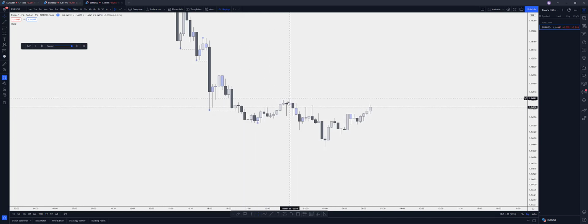Comes up, and does this get broken? Sorry, I forgot to mark this high. Does this get broken? Yes, it gets broken by this candle over here. Okay, does it? No, it doesn't. It gets broken by this candle here. Sorry. Okay, so mark this on, make it easier.